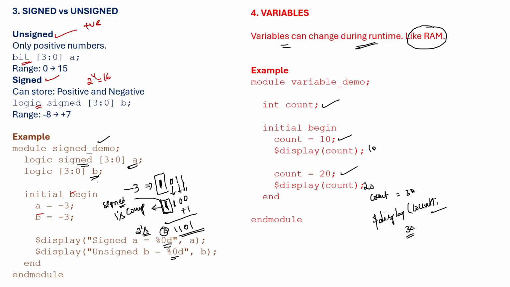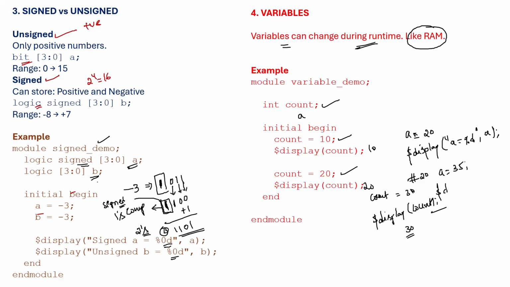Or whatever the variable, suppose not only count here, you can take any variable like a. So then a equal to 10, I'm displaying the a value, and then a equal to 20 I'm taking, and then I will display this. Okay, dollar display, I'm taking the value a equal to percent d, and then a I've written here, and then after some time delay, so 20 seconds delay, I'm changing my a value, 35 I'm giving.